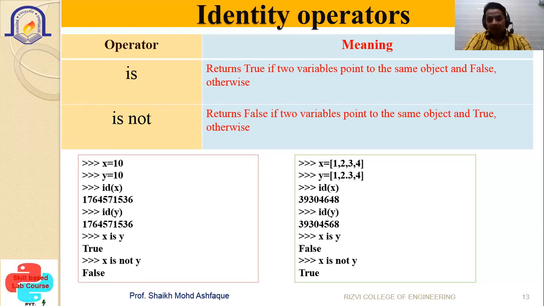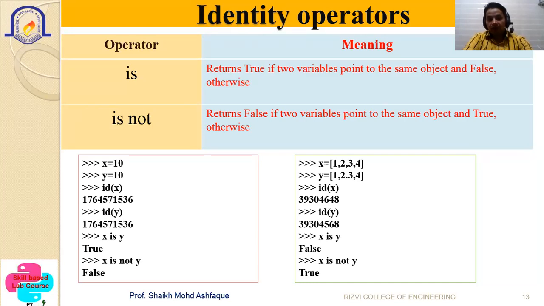So if we check x is y, it returns true, since both are pointing to the same object. For x is not y, it returns a false value because both are referring to the same object.